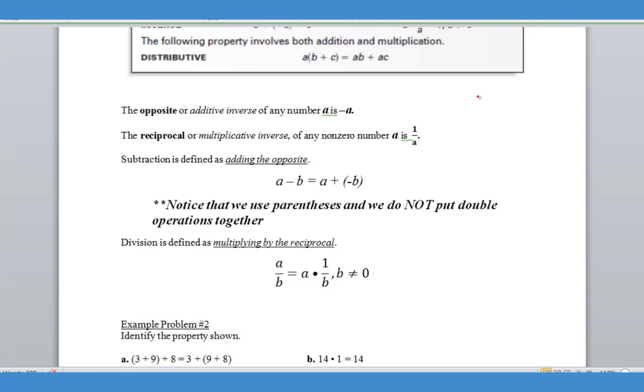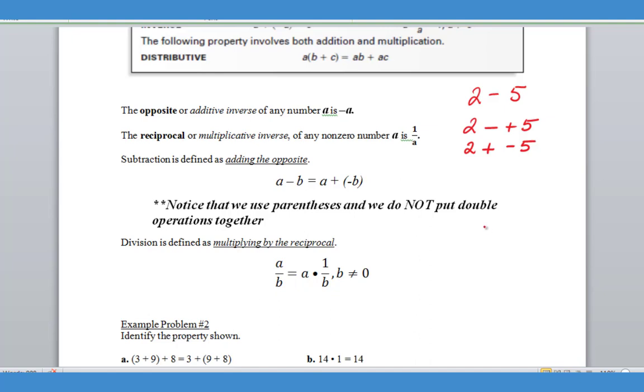Let's assume that we had 2 minus 5. We should not have 2 minus and then plus 5, or 2 plus minus 5. Anytime you have operations side by side like that, that is incorrect. We definitely need to be working with parentheses in a situation like this.